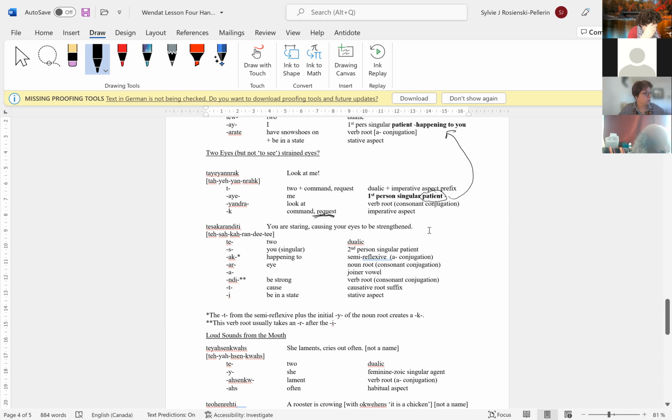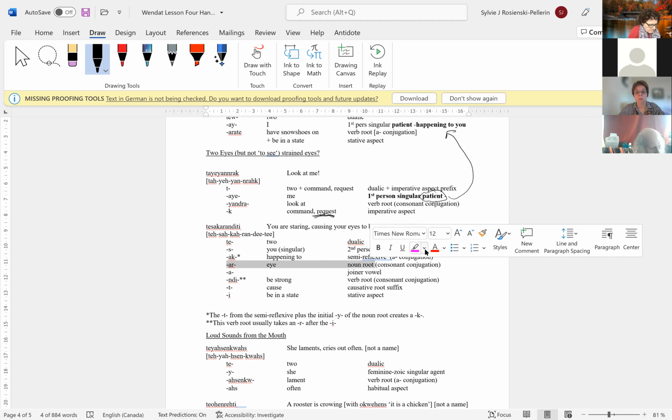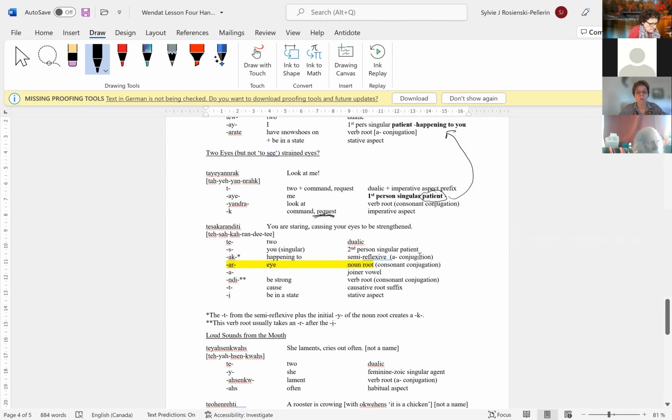This is the main word for I, and the main noun for I is a. Again, the joiner vowel, because you can't have an R followed by an N like this. Now, this verb is shortened here. The nd, be strong, is actually usually, what is it?